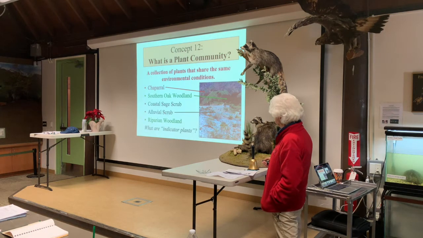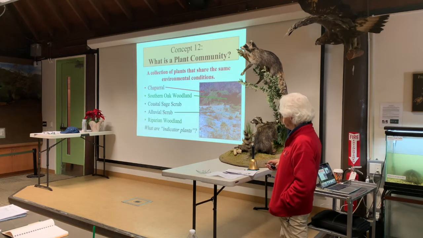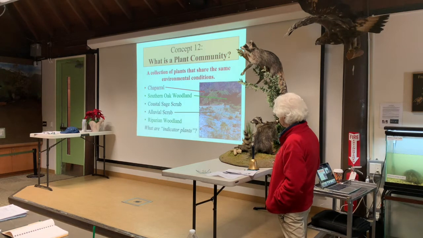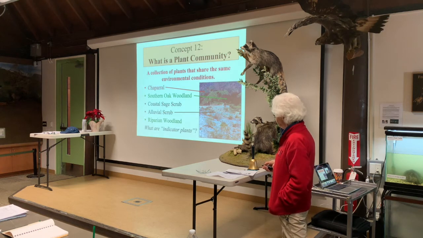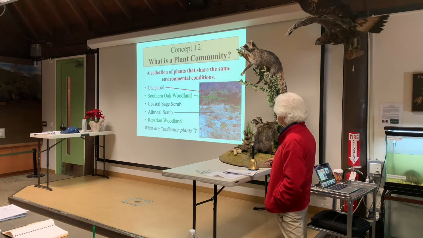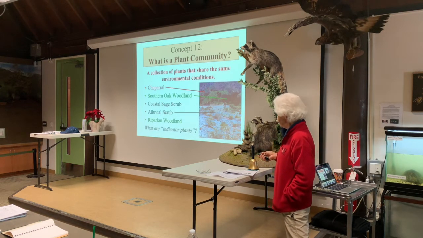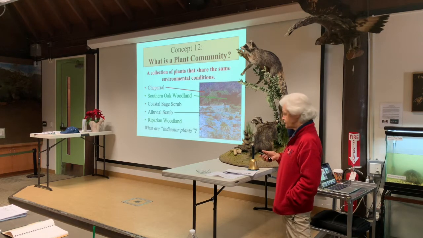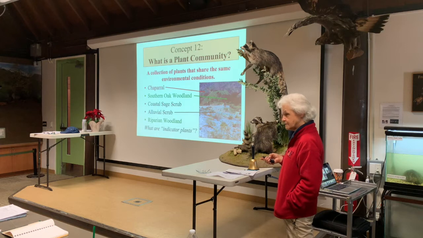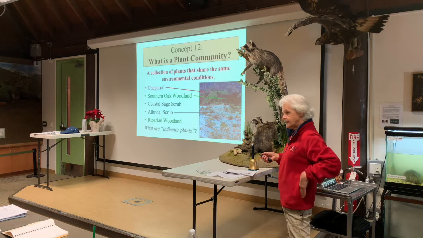Coastal sage scrub is all of this, and a subdivision of the coastal sage scrub is alluvial scrub right in the dry creek bed. Then we have riparian woodland, and we are going to go through all of them, but just for your area, this picture is taken from Eaton Canyon, and those are the plant communities from Eaton Canyon.